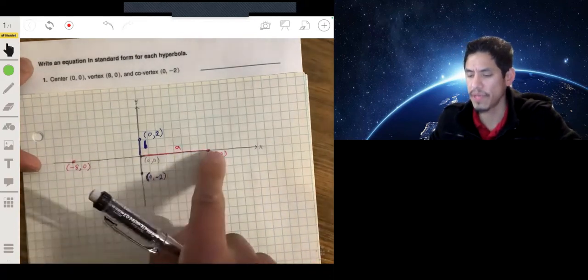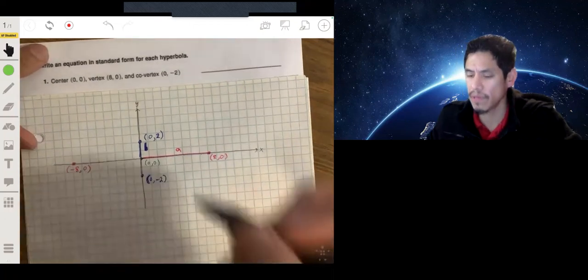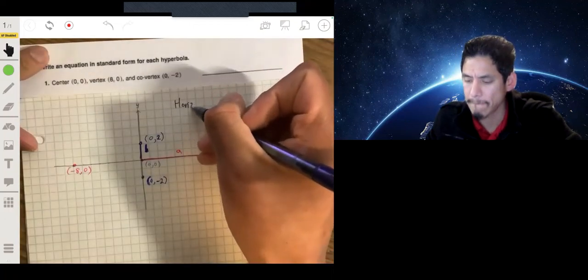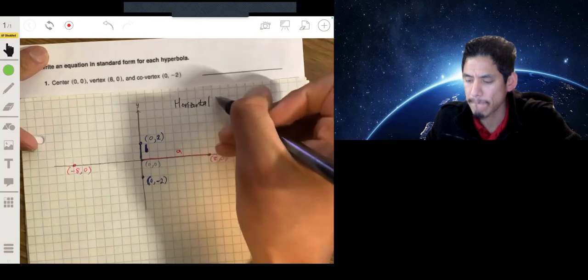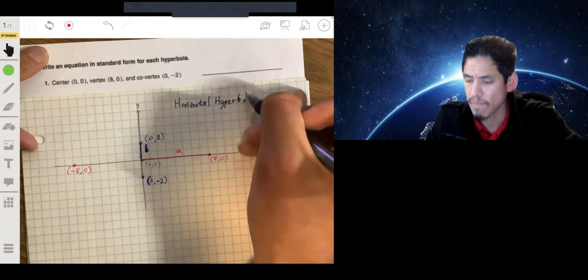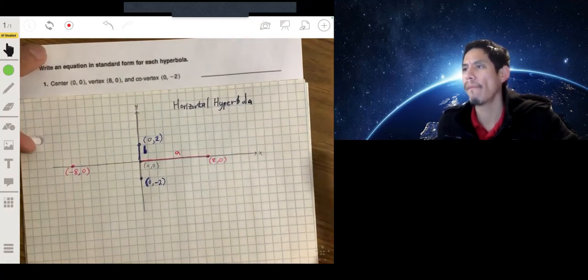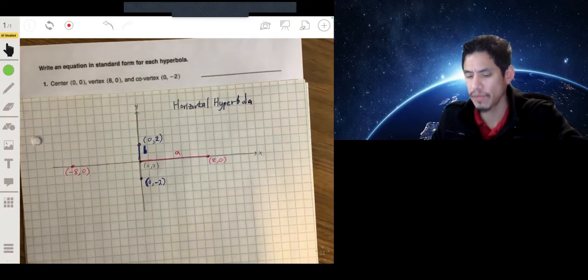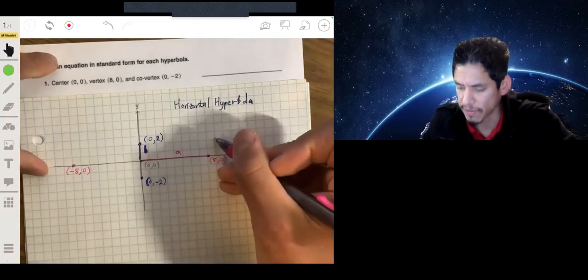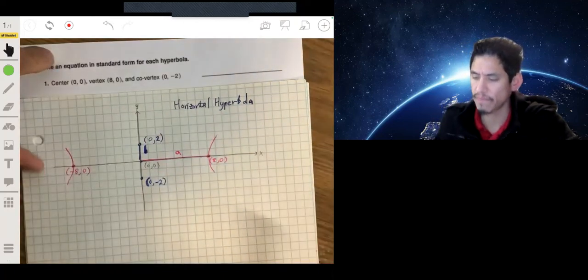And we know this is going to be a horizontal hyperbola. So we would do something like this, we would have the branches do something like that.